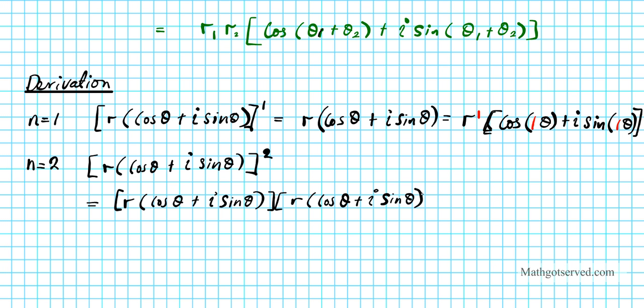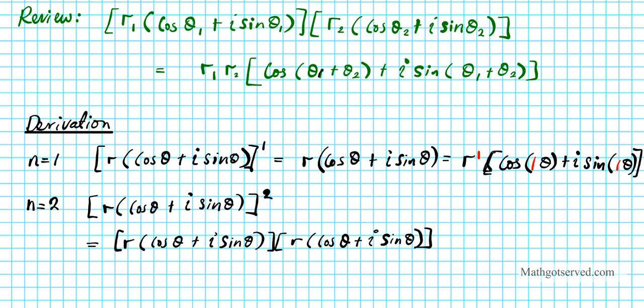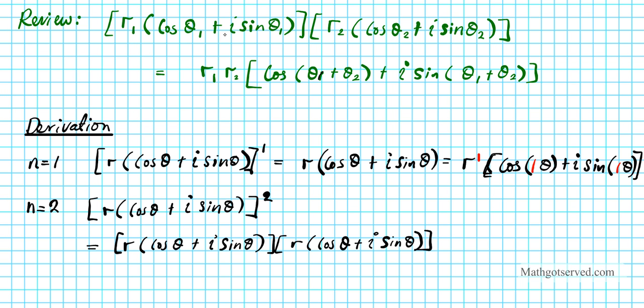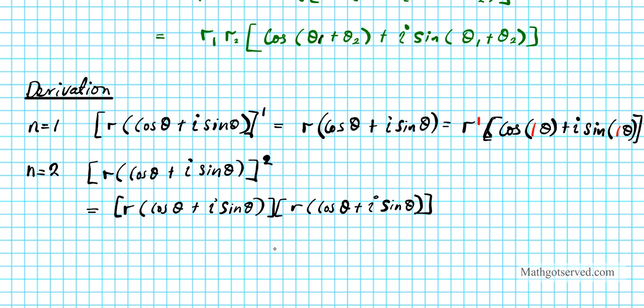Okay, so how do we find the product of these two complex numbers, which are identical? We're going to use the formula that we just reviewed. When you're multiplying two complex numbers in polar form, you multiply the radii and you add the angles. So we're going to do the same process here.